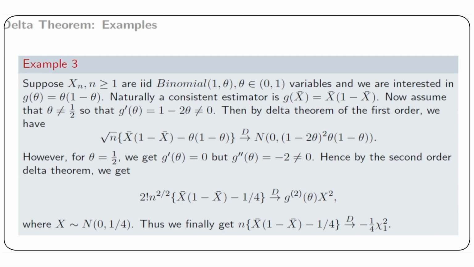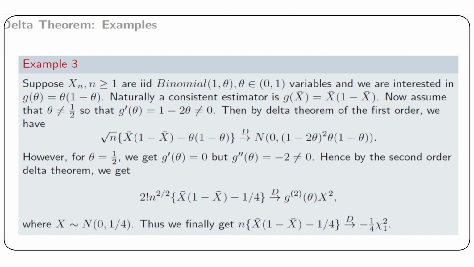Now, assume that theta is not equal to half, so that the first derivative of g(theta) is 1 minus 2 theta, which is not 0. Then by the delta theorem of the first order, we have square root of n times (X bar(1 minus X bar) minus theta(1 minus theta)) converging in distribution to a normal distribution with finite variance depending on theta.